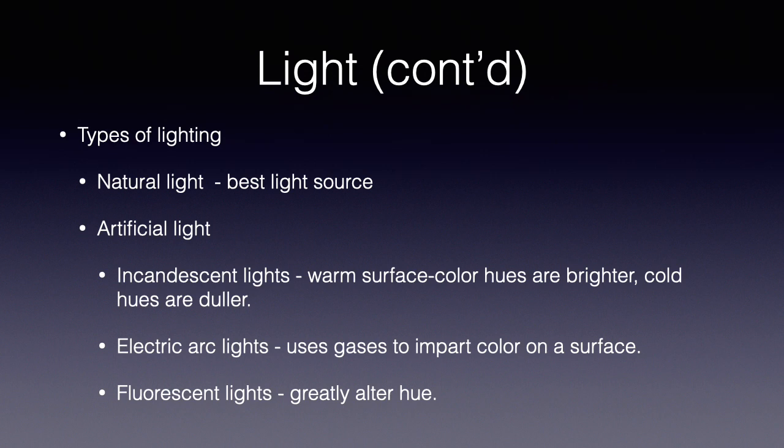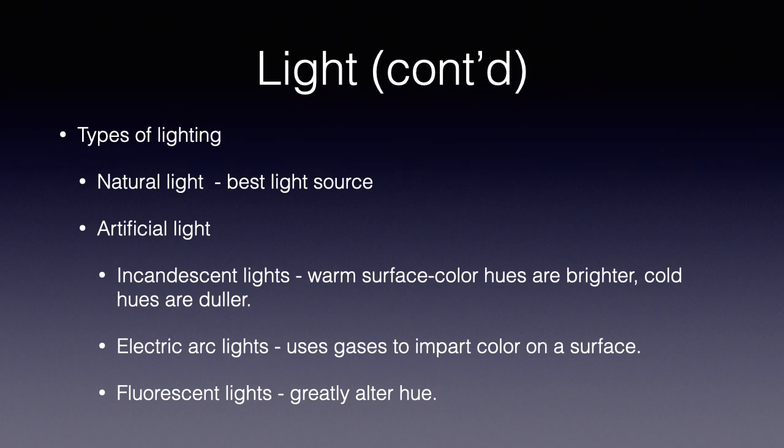Or is the piece going to be hanging in the home where the main source of light may be natural lighting, right? Because maybe this home has very large windows where they get a lot of natural light. So those things should also be considered by an artist when they are creating a piece. Because again, the type of lighting or the light source can influence or change the way that colors appear.